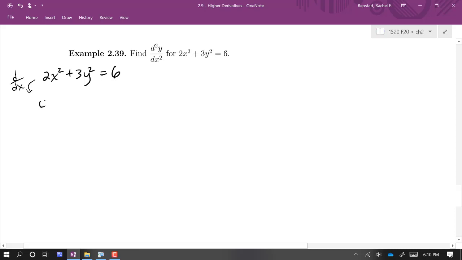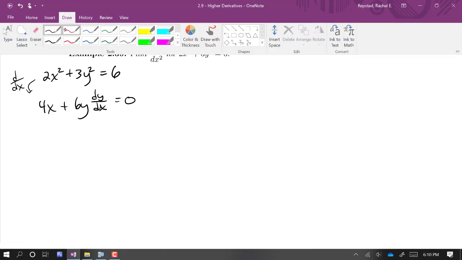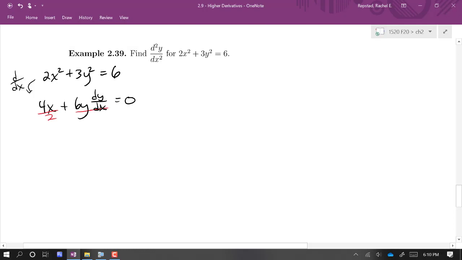When we do that, we get 4x plus 6y dy/dx equals 0. Notice those coefficients are both even. I'm just going to go ahead and divide by 2. So we have 2x plus 3y dy/dx equals 0. Now I'm going to do a little bit of side work here to solve for dy/dx.